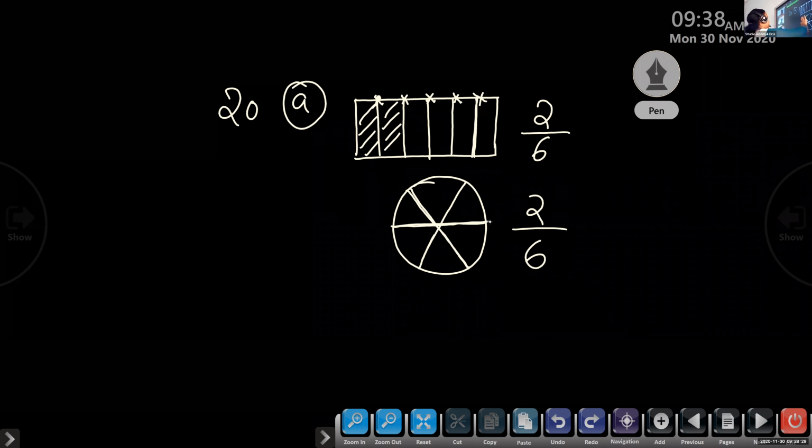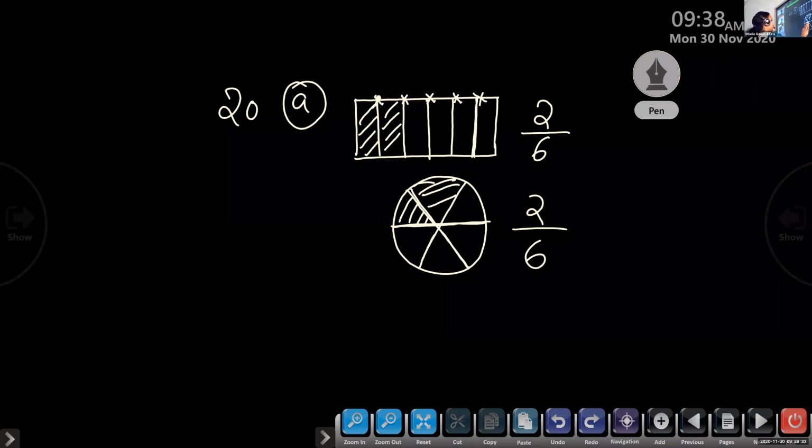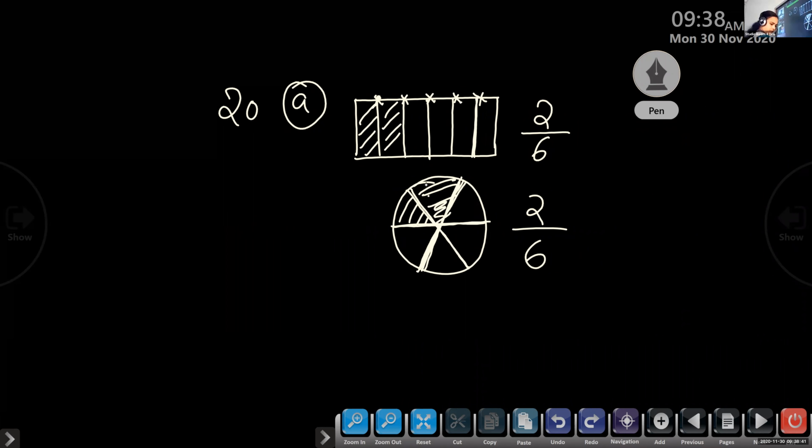Here also, children, you can shade two parts. Try to draw equal parts, okay? So this is 2 by 6, here also 2 by 6. So we can write faster.